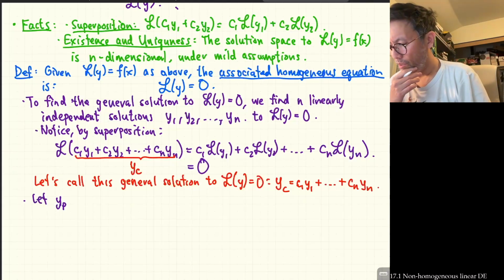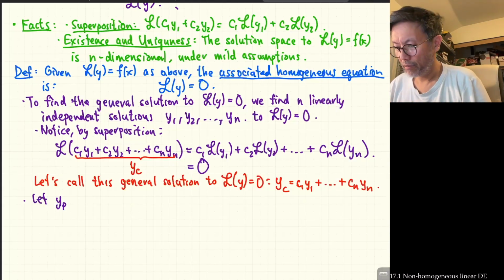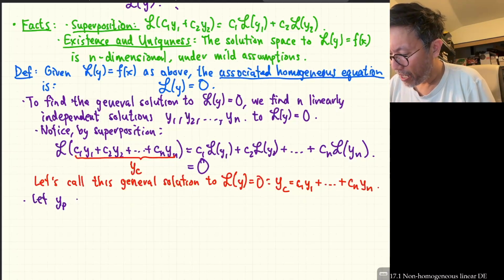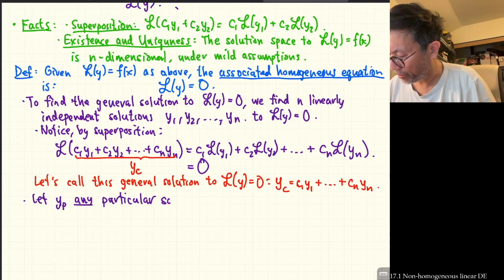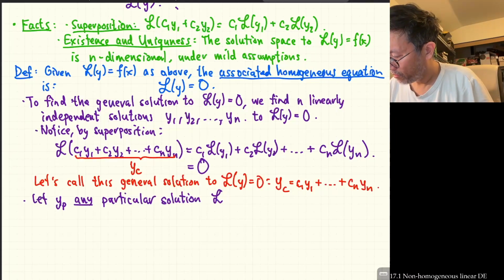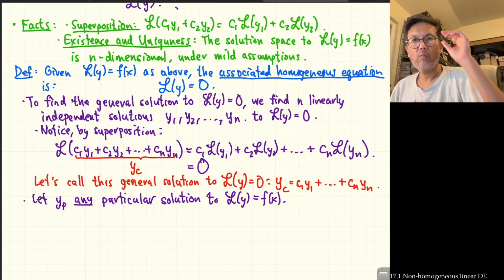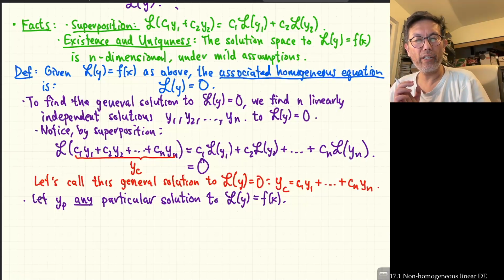But then y sub p is going to be any particular solution to the actual equation. So let y sub p be any particular solution to L of y equals f of x.